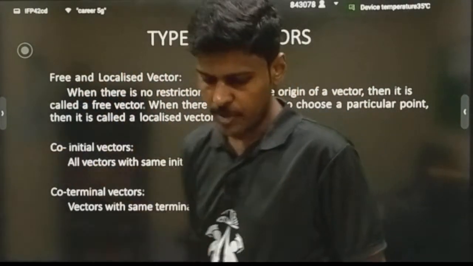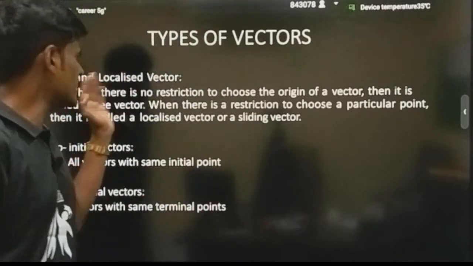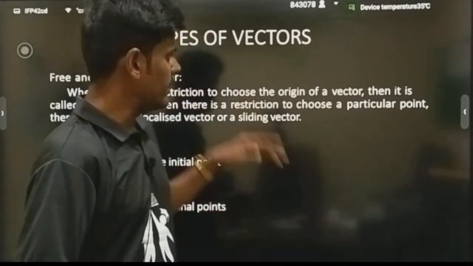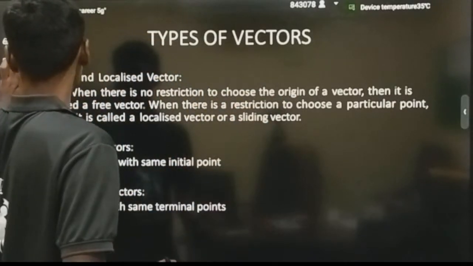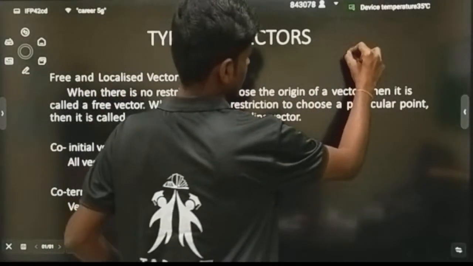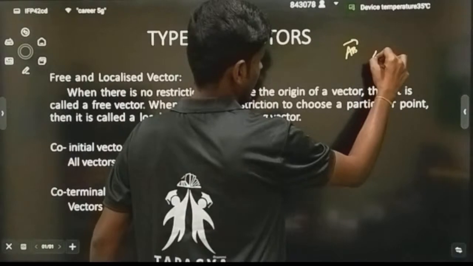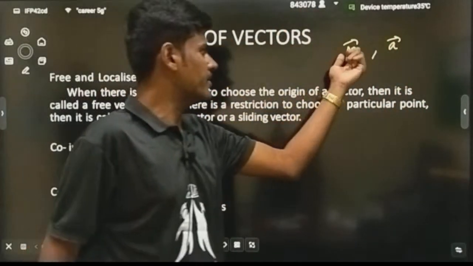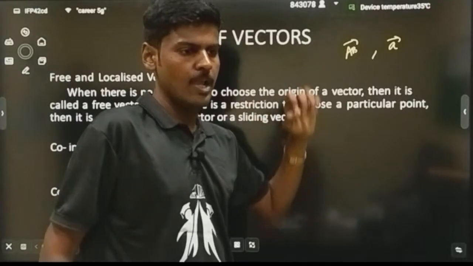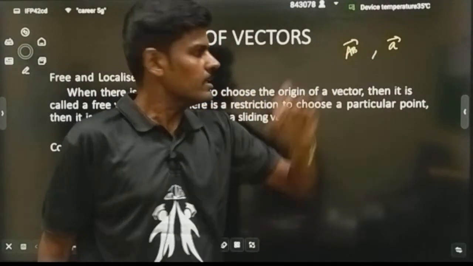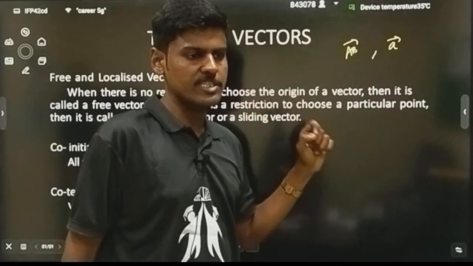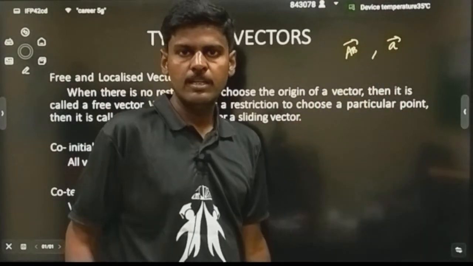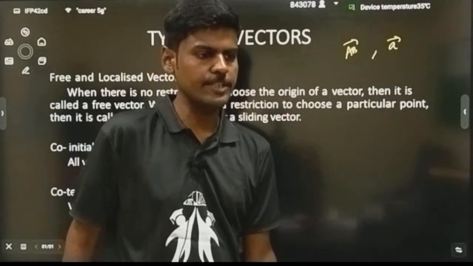Next one is free and localized vector. What is a free vector and what is a localized vector? In the previous example, we have seen two types of notation: one is writing AB, and the other is writing A vector. What is the difference between writing these two? When we write AB vector, A and B are position vectors of point A as well as point B. When we write small a, then we can't determine a position for this.